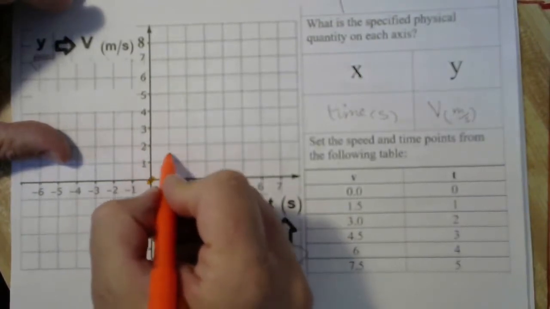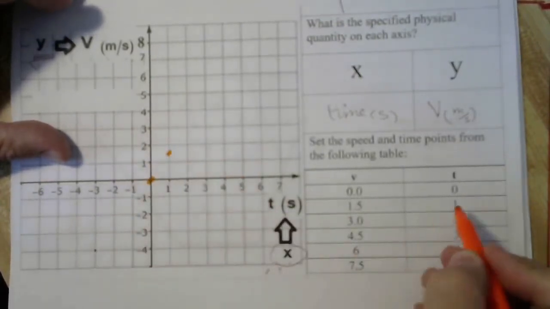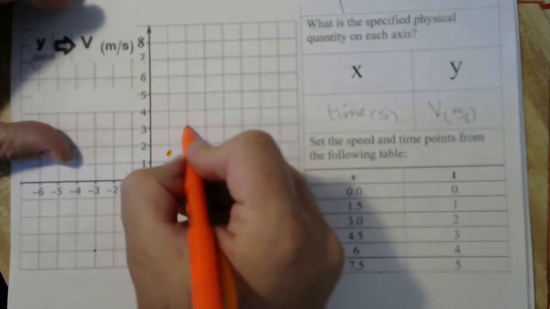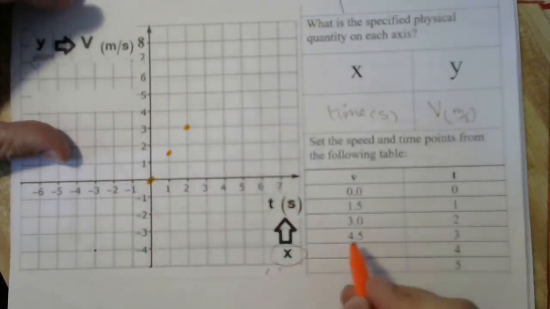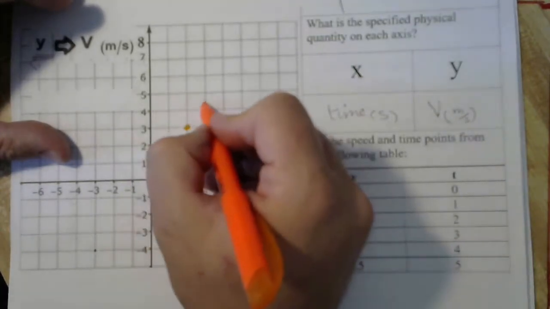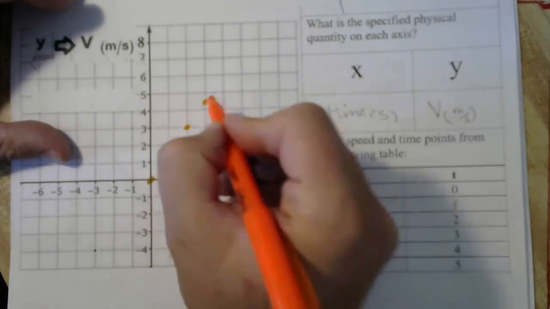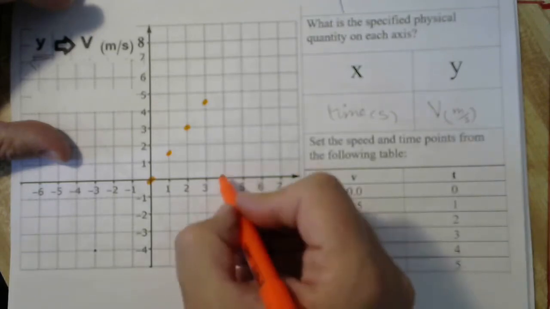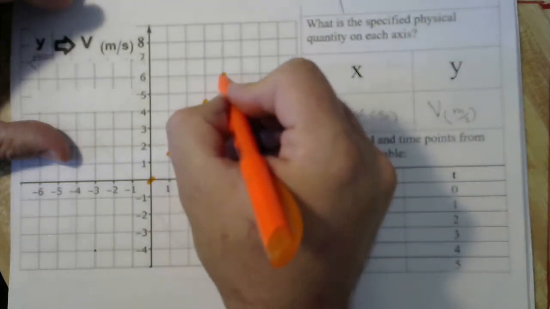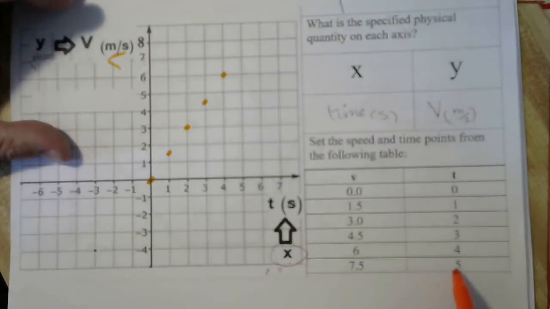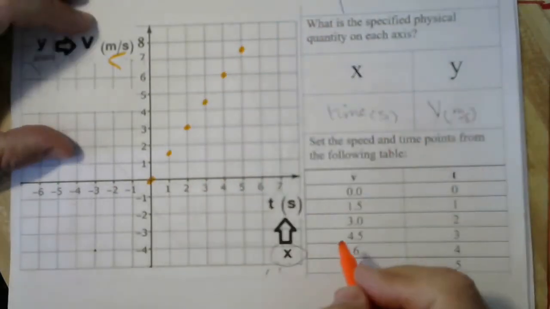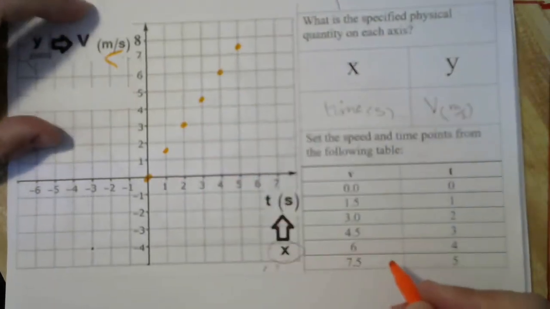At t equals 2 the velocity is 3. At t equals 3, 4.5. At t equals 4 the velocity is 6 meters per second, and at 5 it is 7.5. Okay, this is the point representation in this graph.